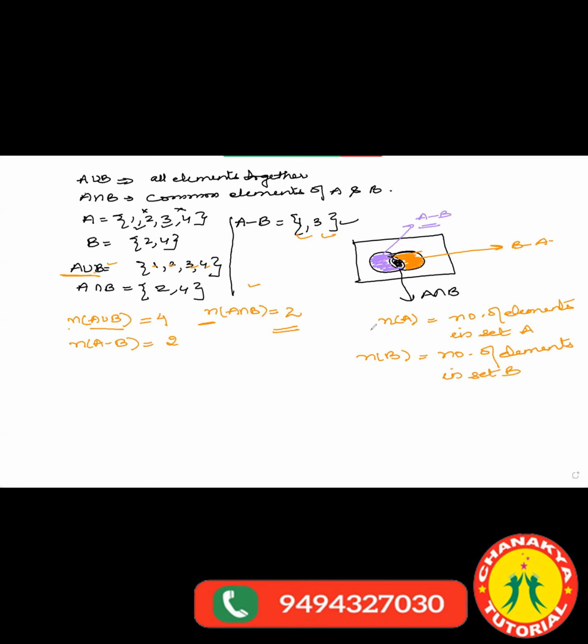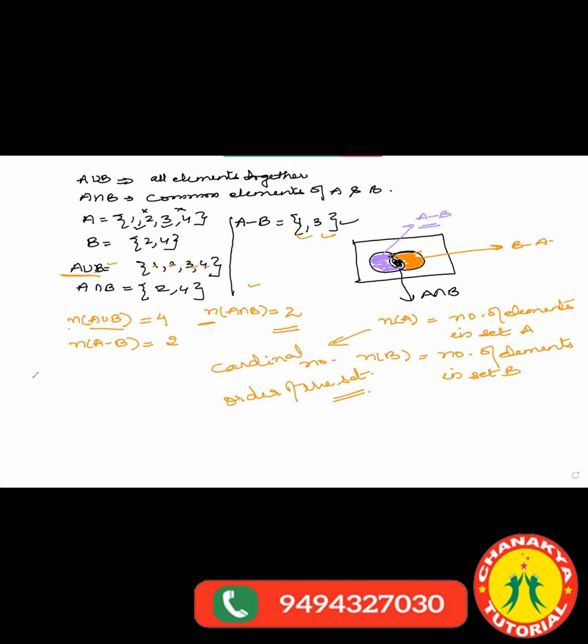And this is also called cardinal number. We have studied this thing, na? Cardinal number, or you can say order of the set. Have you remembered this thing? Yes, ma'am. Order of the set and cardinal number.